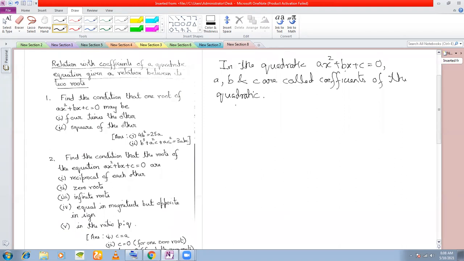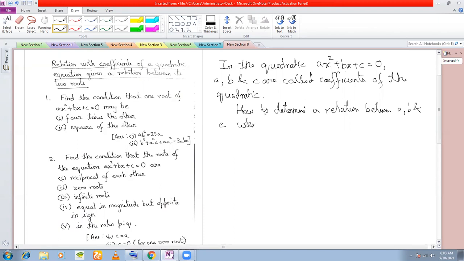So what we are going to do here is how to determine a relation between a, b, and c when a relation between alpha and beta is given. Okay. So that is what we are going to see.